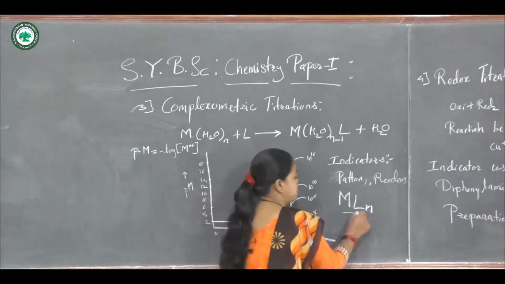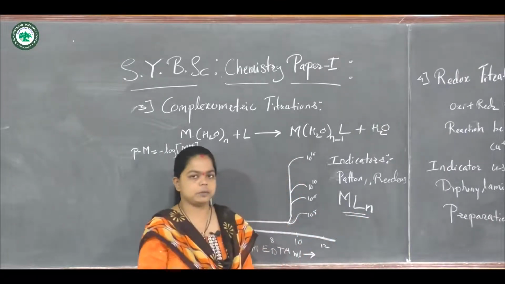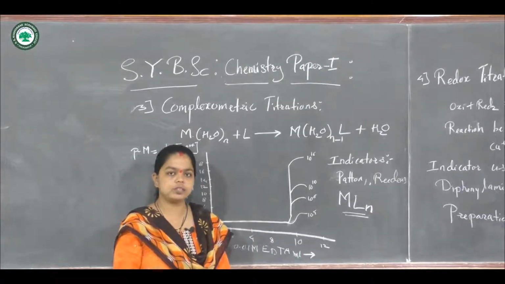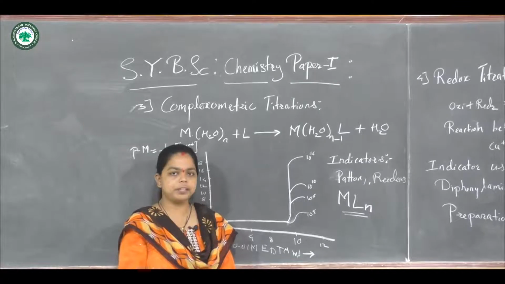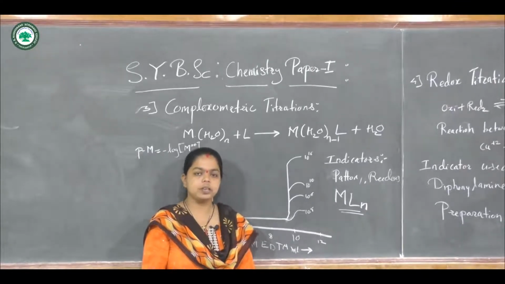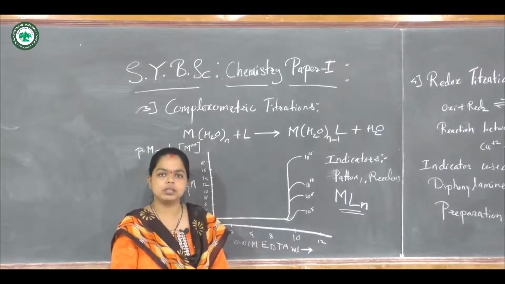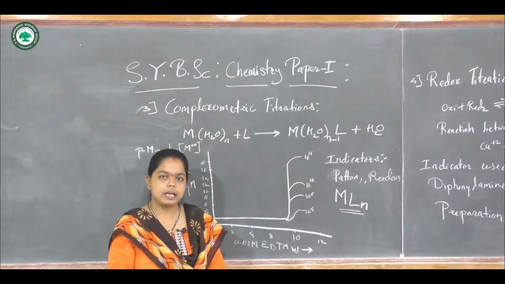So we are getting the stable complex. Depending upon the affinity of this ligand towards the metal ion and the stability of the complex, we are getting the stable complex at a particular concentration of the metal ion and the ligand.